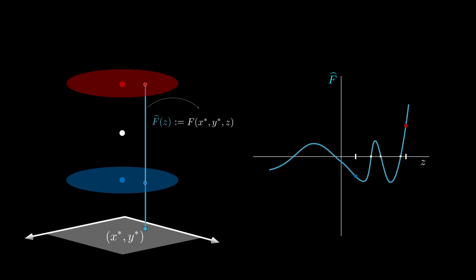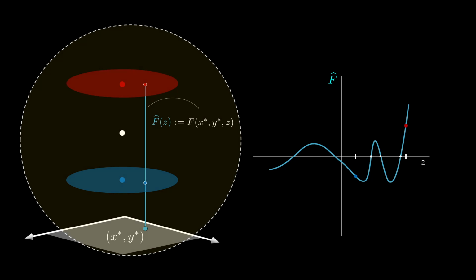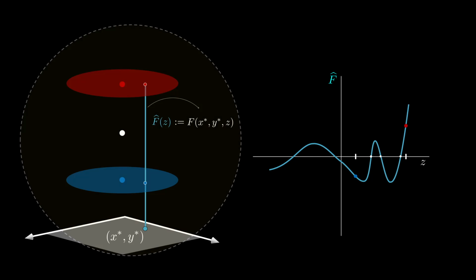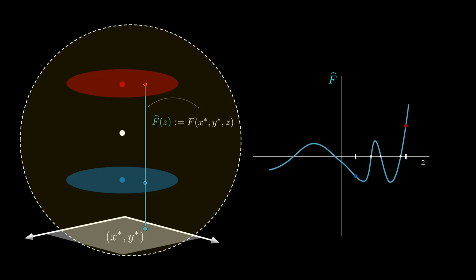And here is the final step. We have to remember that these 2 disks and this point are inside our bigger sphere, our yellow sphere. And what holds in this sphere? Inside this sphere, the partial derivative of big F with respect to z is positive, which means that our function F is increasing.